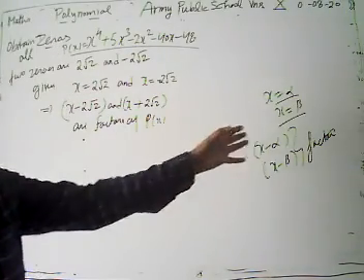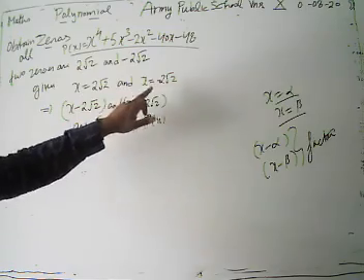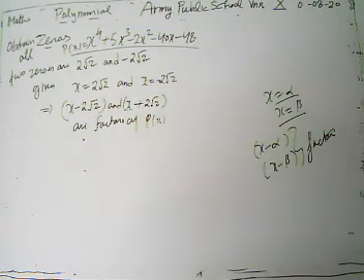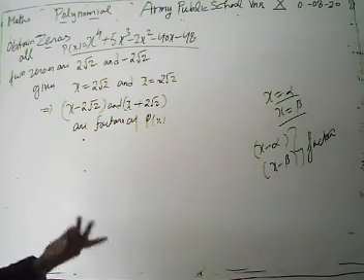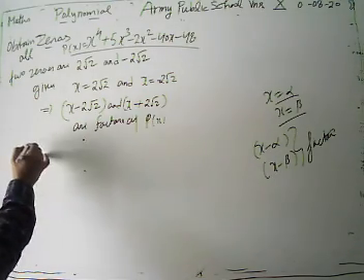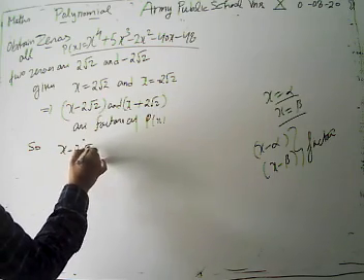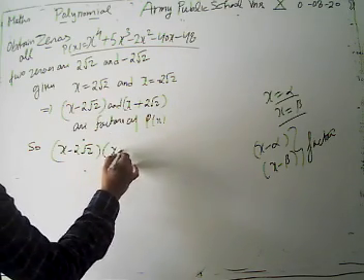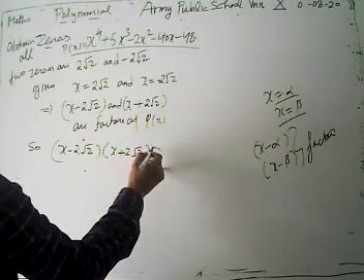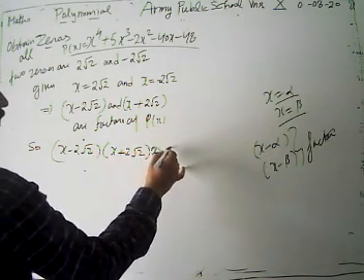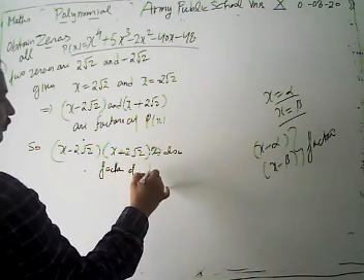Using the basic concept of class 9, if these are zeros, then x minus 2 root 2 and x plus 2 root 2 are factors of the polynomial. If we have two factors, then their product is also a factor. So the multiplication of x minus 2 root 2 into x plus 2 root 2 is also a factor of our p(x).